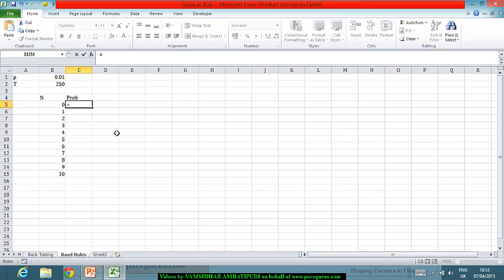What is the probability there? I will have to use the combination formula: combination of T choose x, multiplied by p to the power x, multiplied by 1 minus p to the power T minus x.